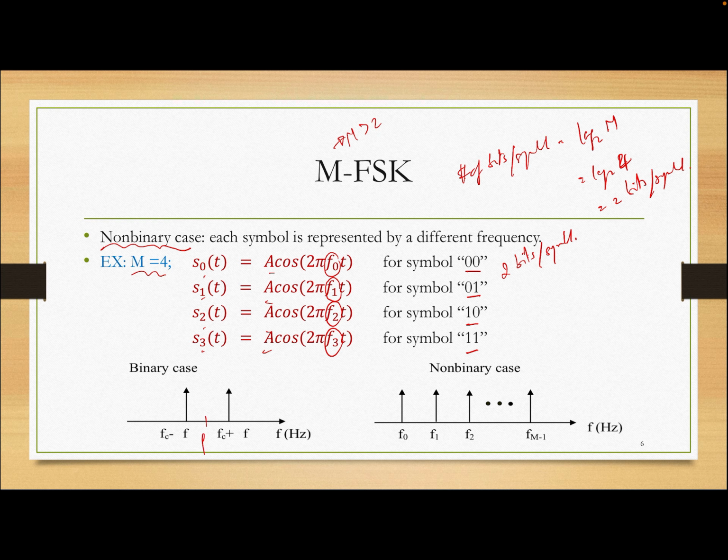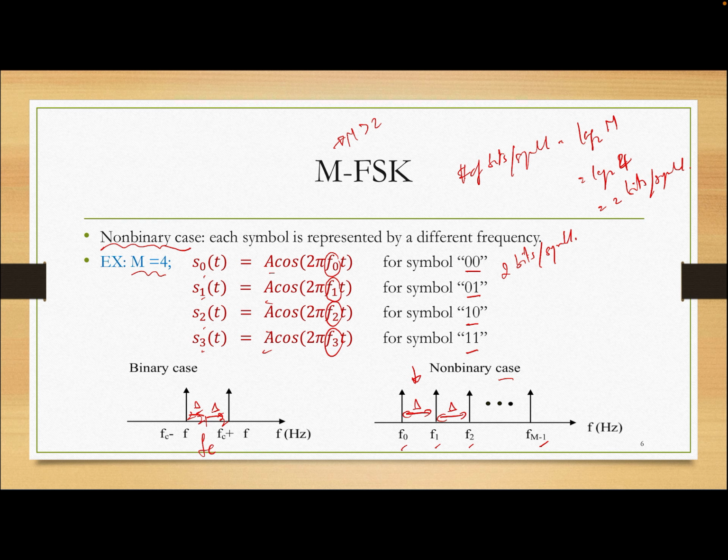Here I have FC and this is delta. For the M-ary case, I have F0, F1, F2 until F(M-1), each differing by delta. We have a minimum value of delta, which can be delta over 2, to make the frequencies orthogonal.